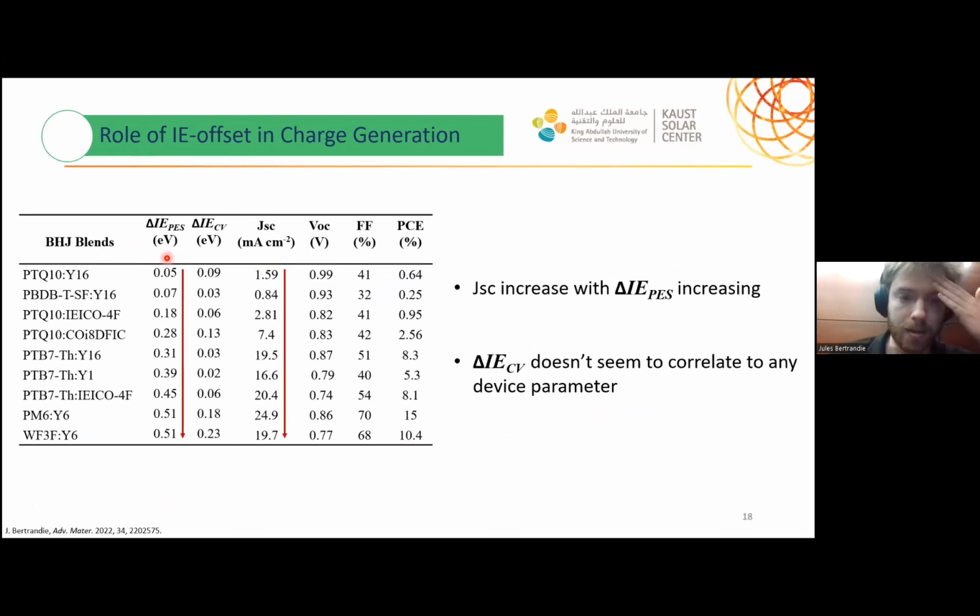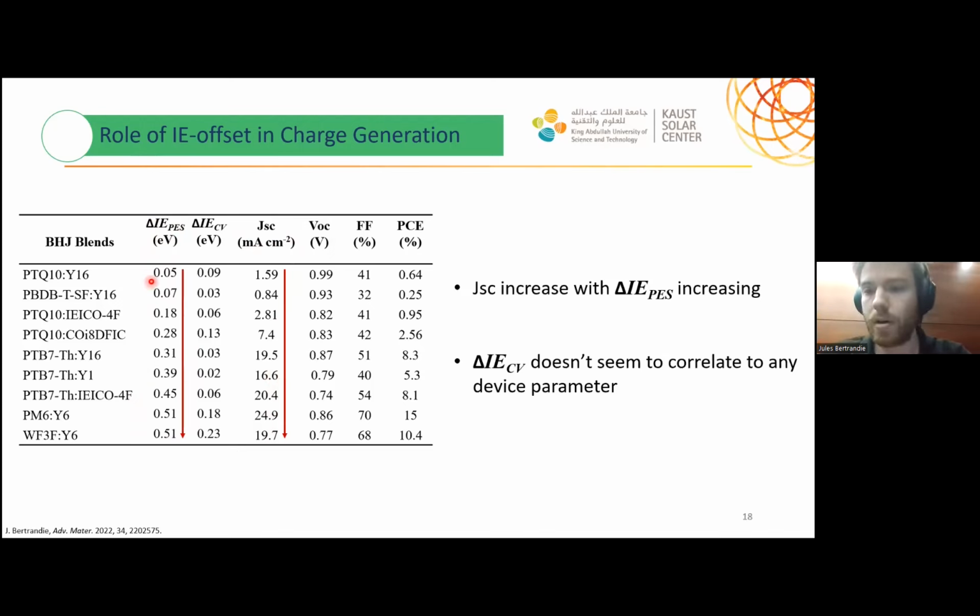Of course we did it with more devices, and here, as Professor Lackey's group showed, there is a trend between the delta IE that we measured from the PES and the charge generation of your device, which you can see here with the GSE.